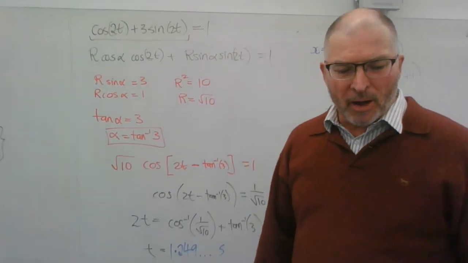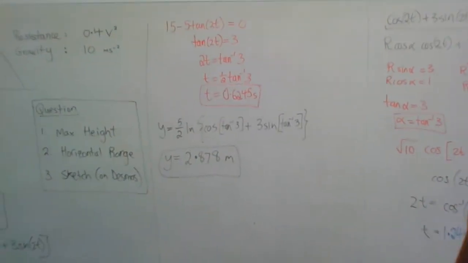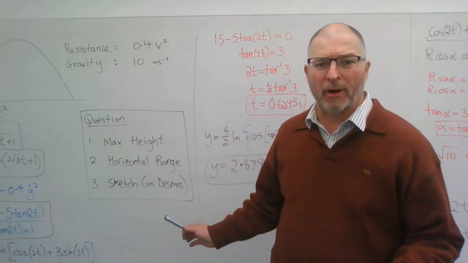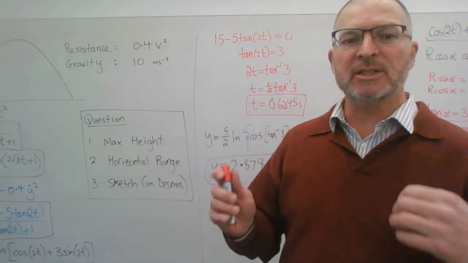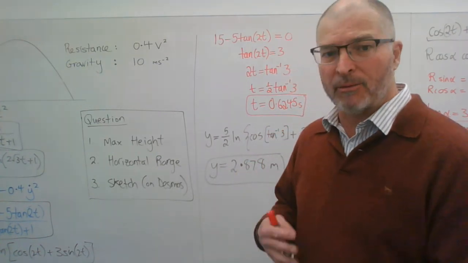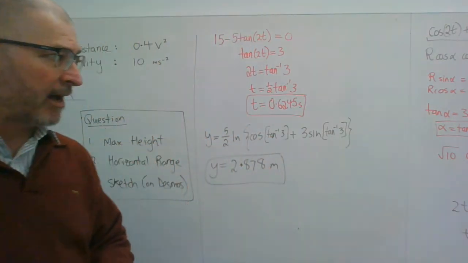Now, the final thing we were asked to do in our set of questions was to do a sketch, like on Desmos or some software program. So what we need to do is just get an equation of y equals some function of x, rather than y equals a function of t and x equals a function of t.